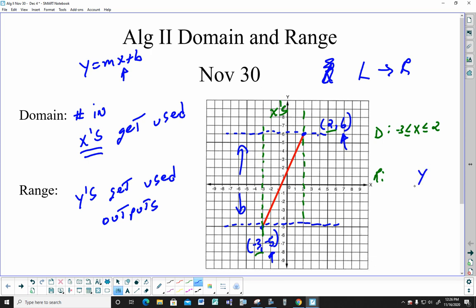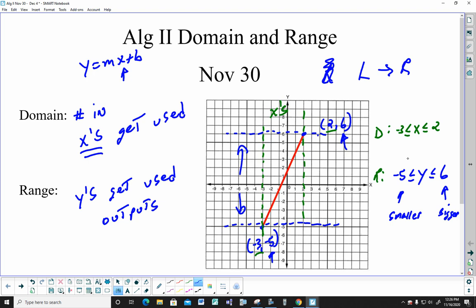So the y's are trapped between -5 and 6. The smaller number goes on the left, and the bigger goes on the right. Smaller on the left, bigger on the right.